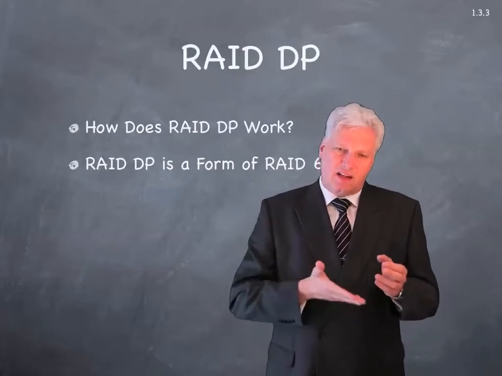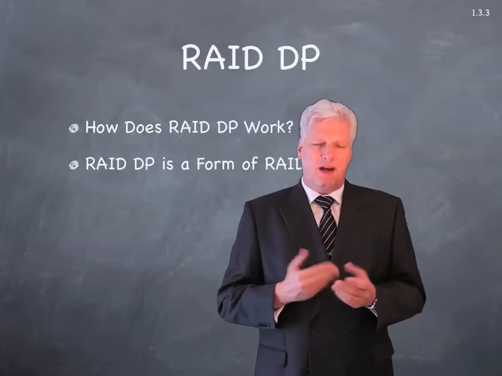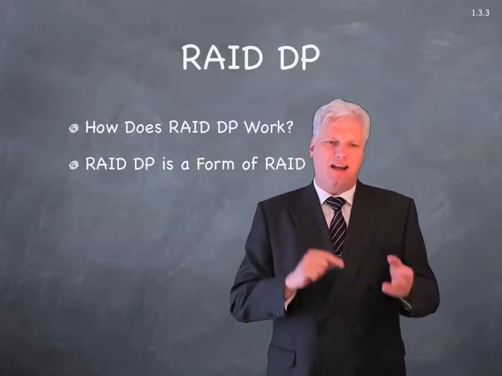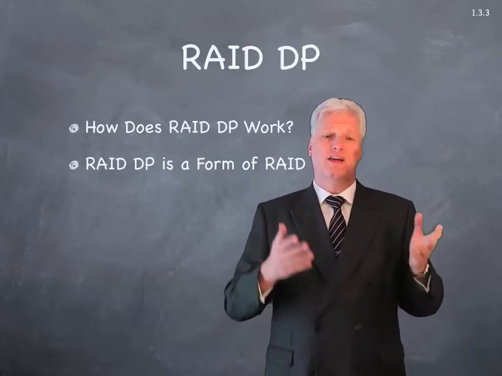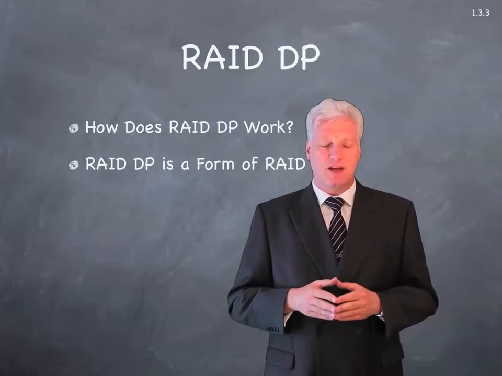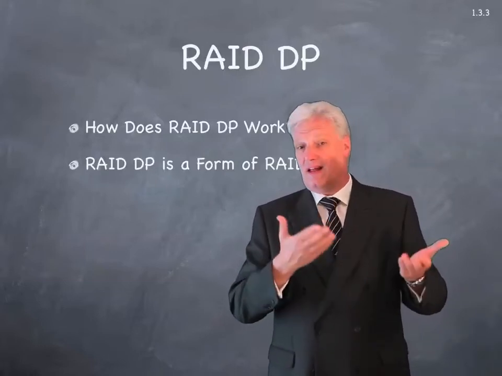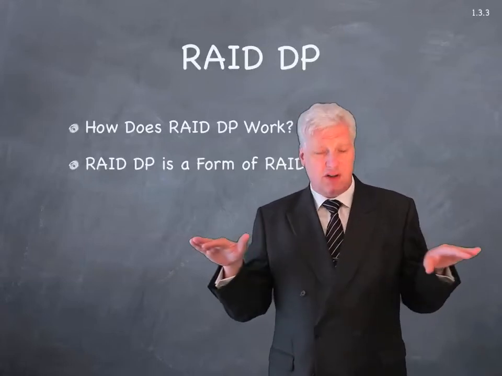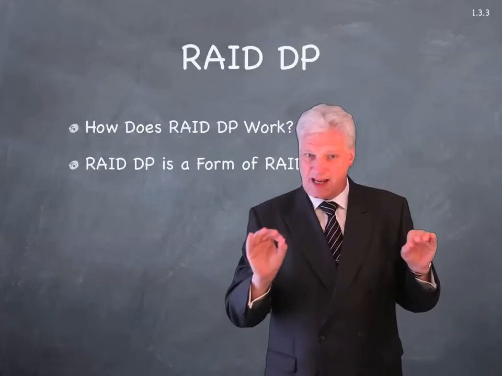Now, thanks to the sums over the diagonal stripes that we create, RAID DP allows you to find one diagonal that has only one disk missing, because it leaves out one disk in its diagonal stripe creation. Using that diagonal stripe, we can calculate the value of one missing disk, and then we can use the horizontal parity calculation to find out, in that same stripe, a second block that's missing.